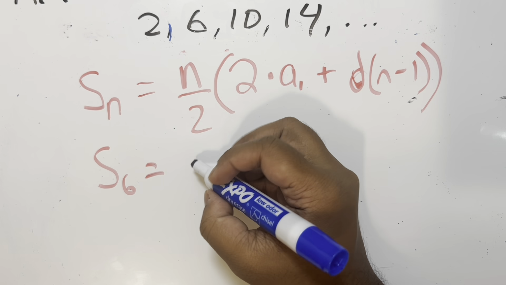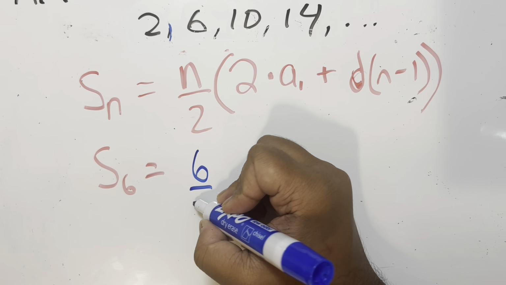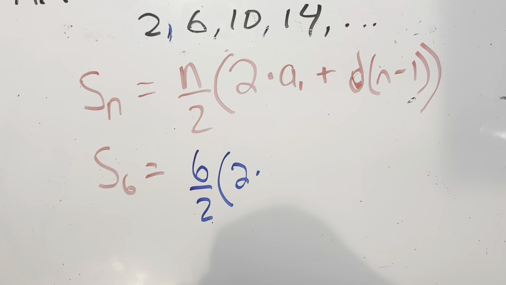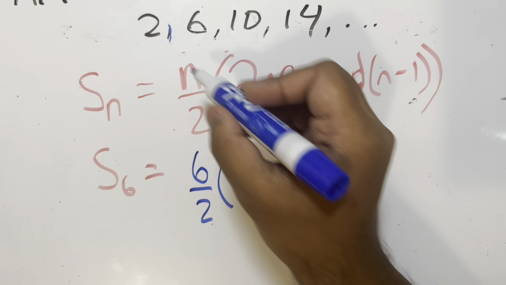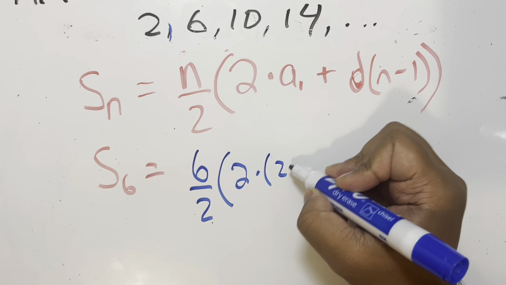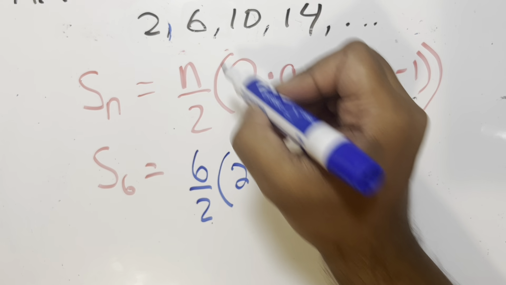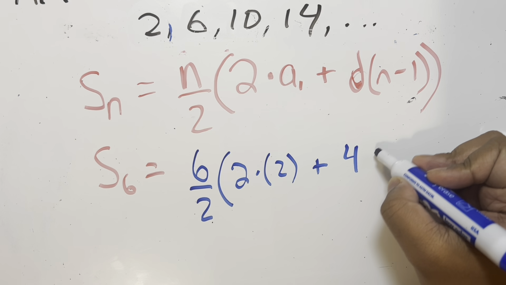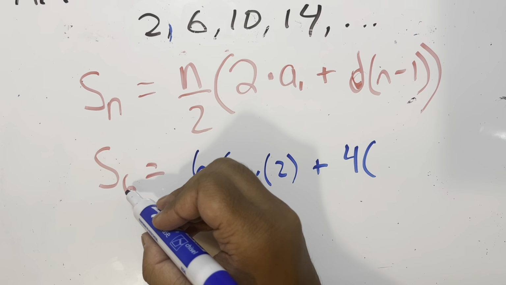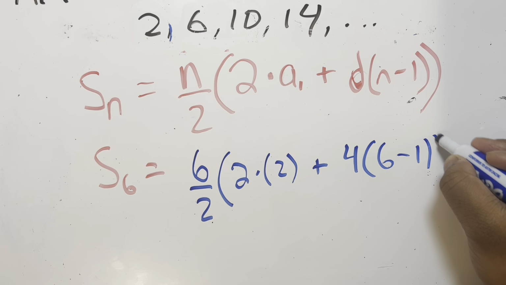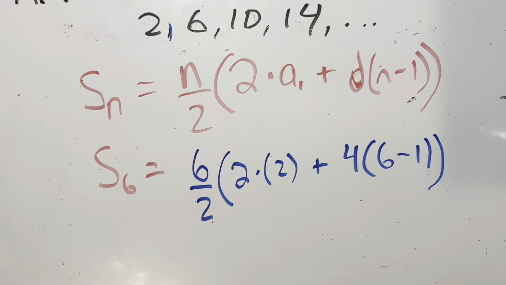My n here is 6. 6 over 2. Parentheses 2 times my first term a1, which is 2, plus my difference here. Remember, my difference, I'm going up 4 at a time. Plus 4, n minus 1. My n here is 6. 6 minus 1. And I'm going to close my parentheses.